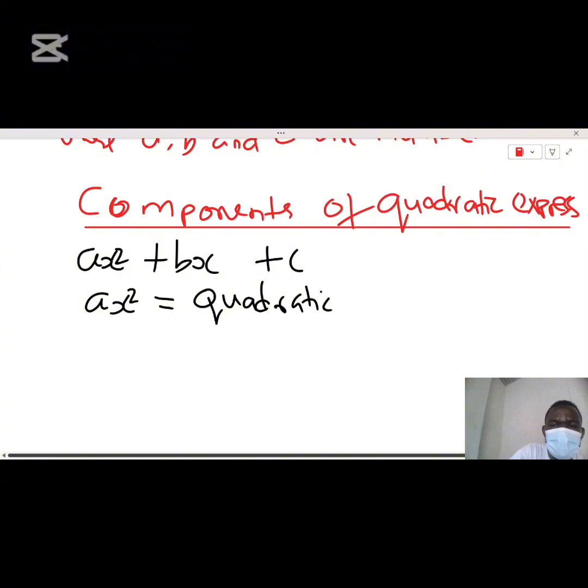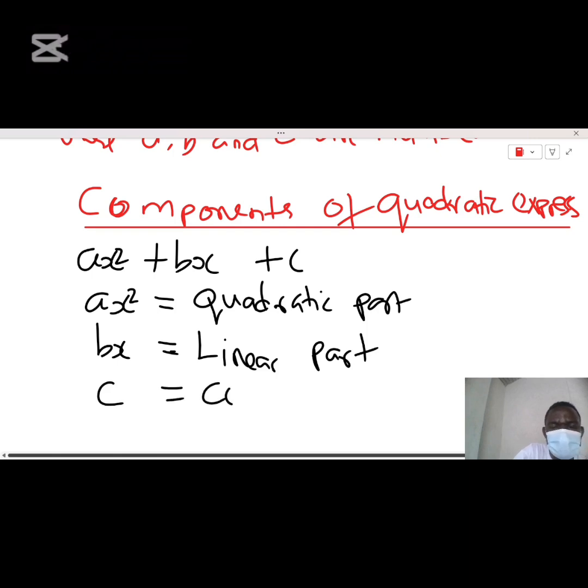And you have bx, which is the linear part, the part at the center of the equation. And you have c, which is the constant part.